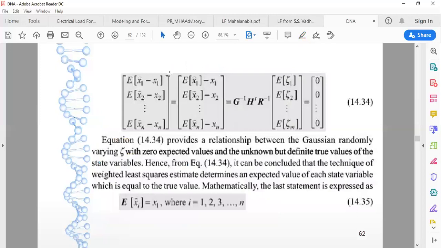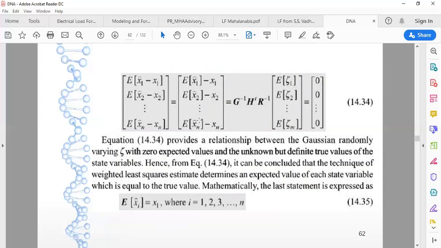So once again, if we extend this, then the expected value of x1 can be judged using the previously discussed formula. It is equal to G inverse H transpose R inverse. What we did over here is W is replaced by R inverse, and the expected value of errors is equal to 0.